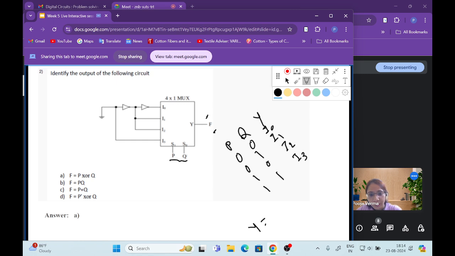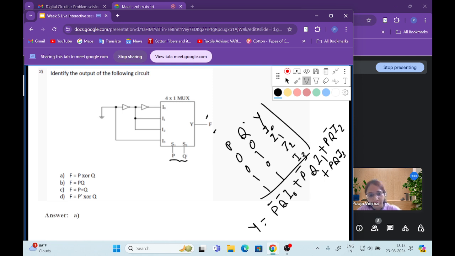So we can write directly P' Q' I0 + P' Q I1 + P Q' I2 + P Q I3, right?